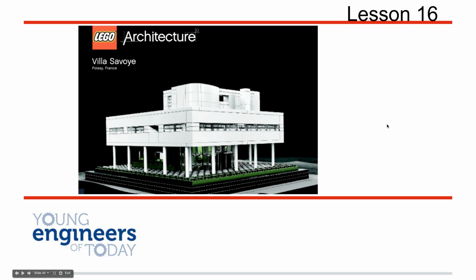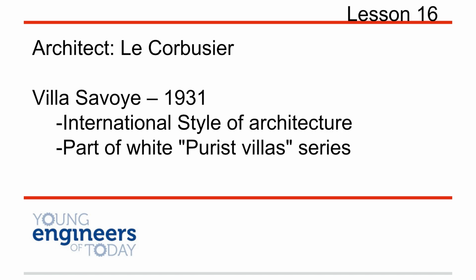Here is our next piece from France, and this is an architecture, as you can see, from the Lego series. This was built in 1931. Once again, international style. And it is a villa, okay?